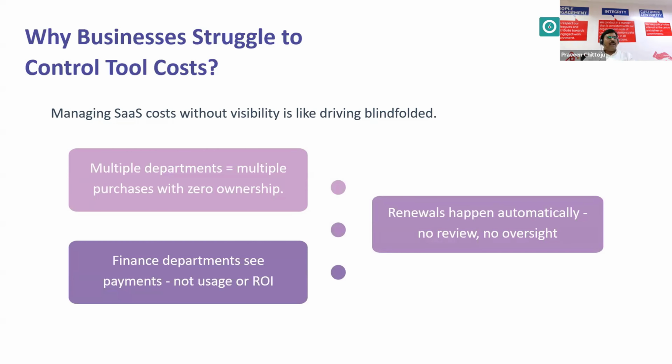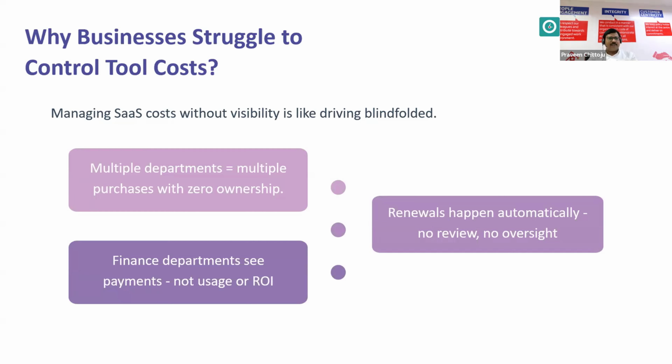You can see that managing SaaS cost without visibility is like driving blindfolded. Yes, it's true. Multiple departments equal multiple purchases with zero ownership. They will ask for renewals and subscriptions, but there is no clear visibility.